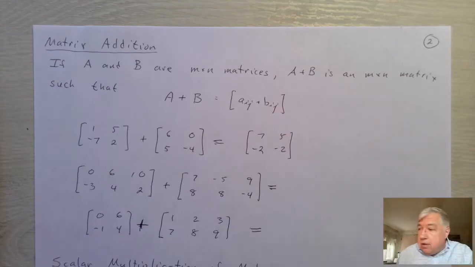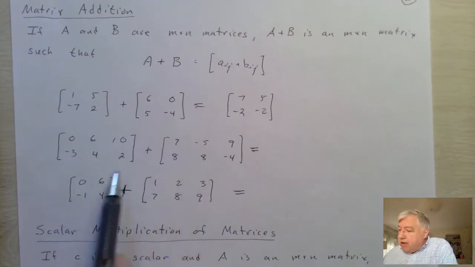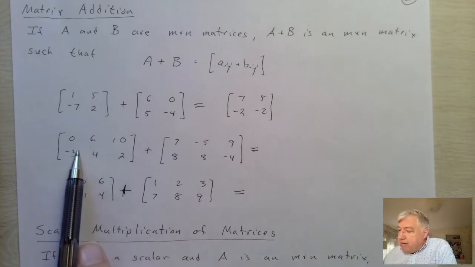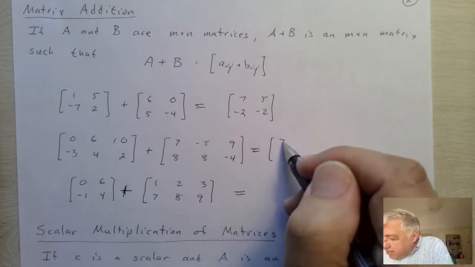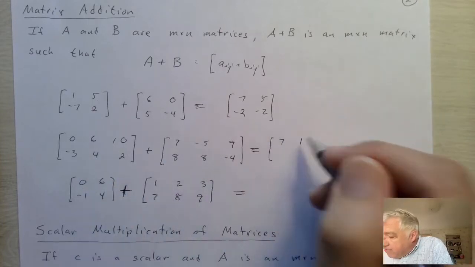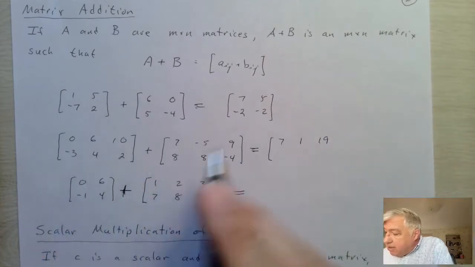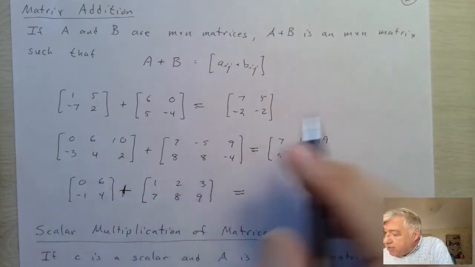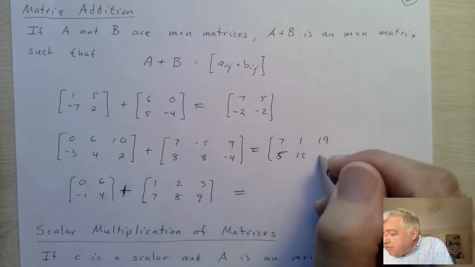Here we have 2 by 3 matrices, and if we add them together, we get 0 plus 7, 6 plus negative 5 is 1, 10 plus 9 is 19, then 4 plus 8 is 12, and 2 minus 4 is negative 2.